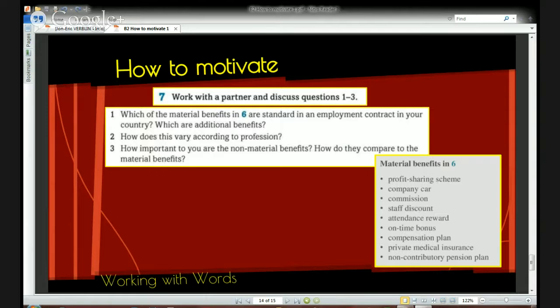We can get a company car if we work hard after 1 or 2 years, maybe. On-time bonuses, compensation plan. What was it exactly? Compensation plan when you got vouchers and like this?